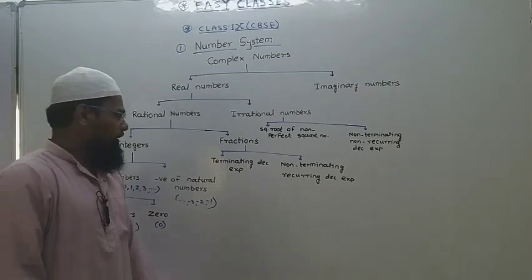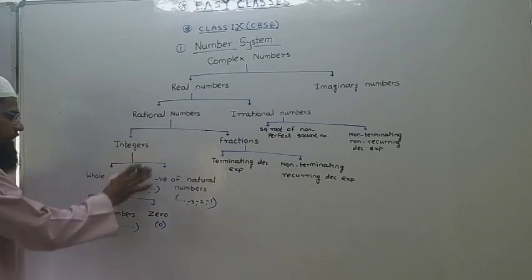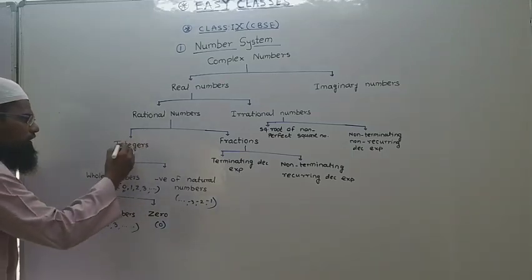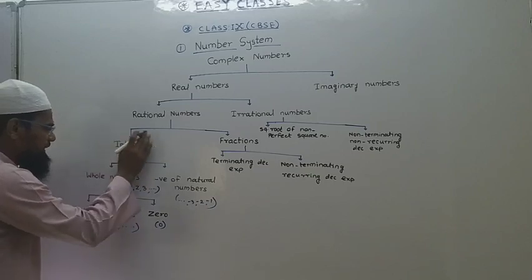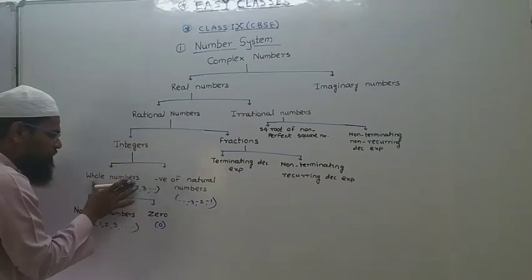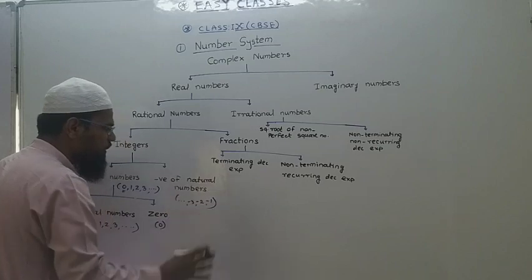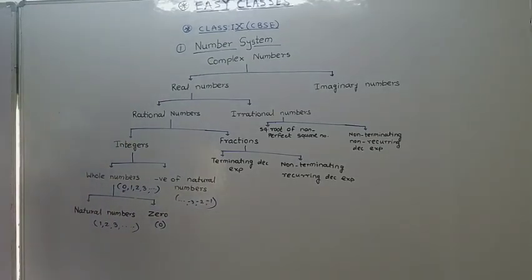We now concentrate on the integer. Integer is nothing but the collection of whole numbers and negatives of natural numbers.